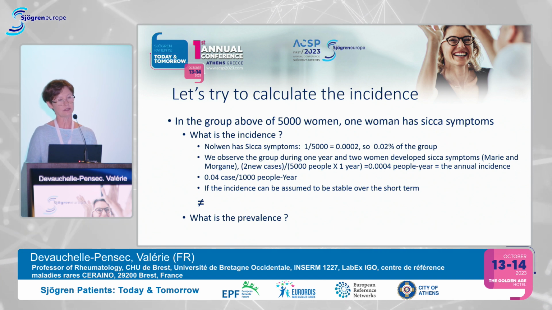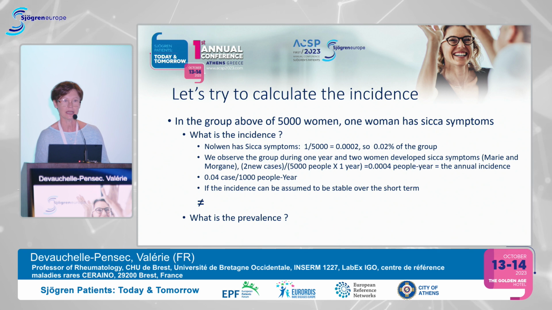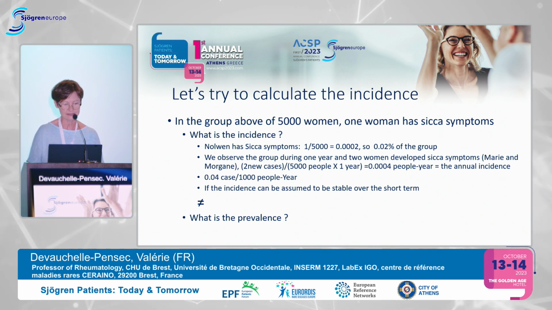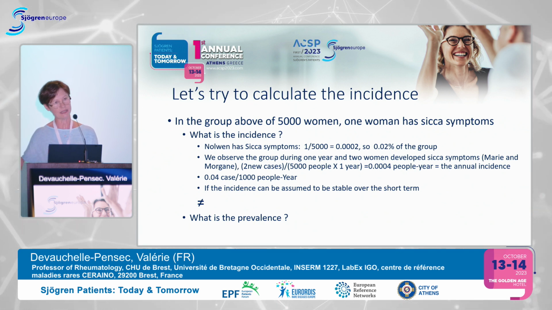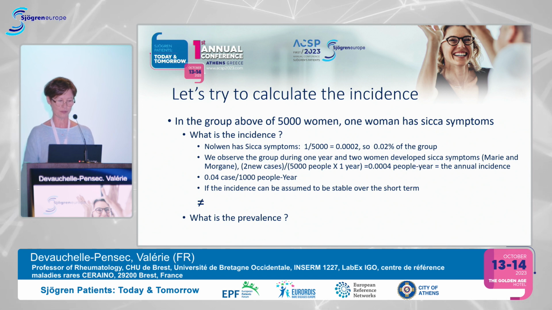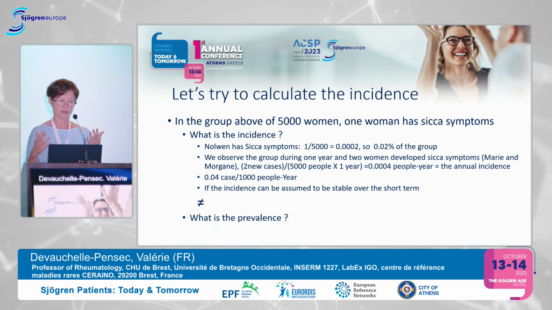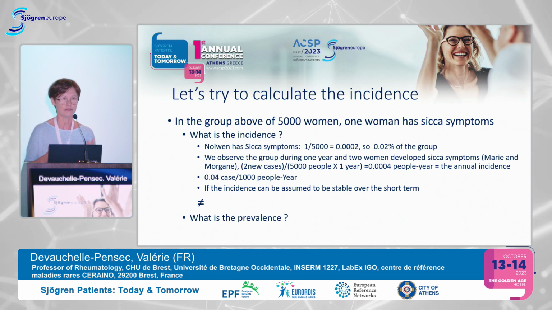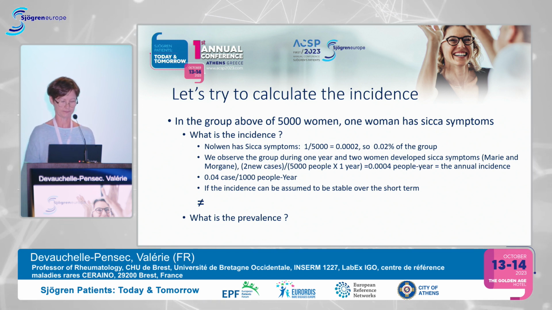During this year, 2 women developed Zika symptoms, Marie and Morgan. So 2 new cases. I calculate the incidence: 2 new cases divided by 5,000, so 0.0004 per person-year. That's what we do to calculate the incidence. And after that, we say the risk is 0.04 percent of developing Zika symptoms.